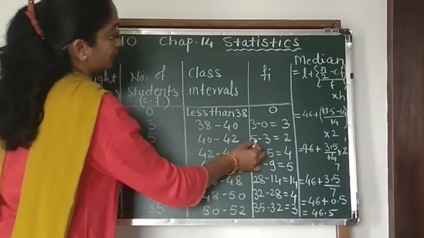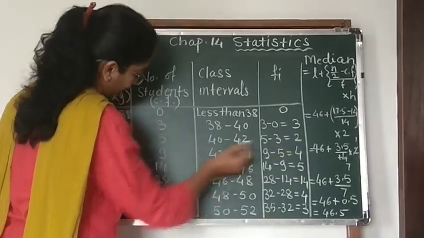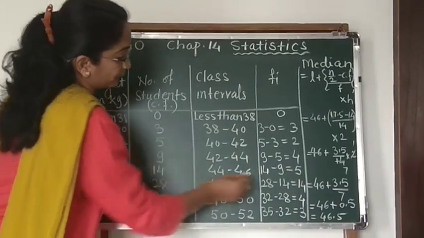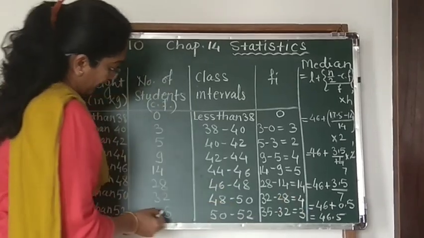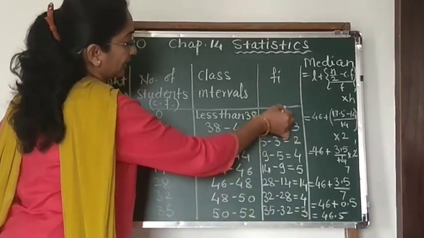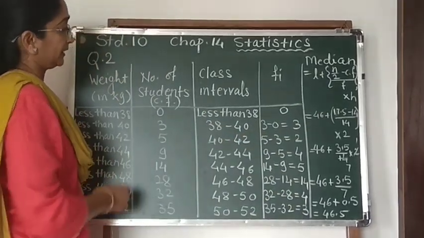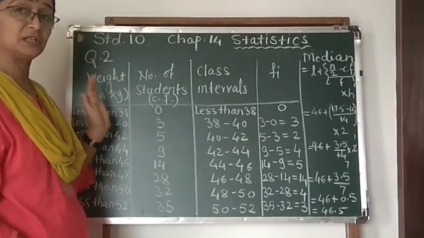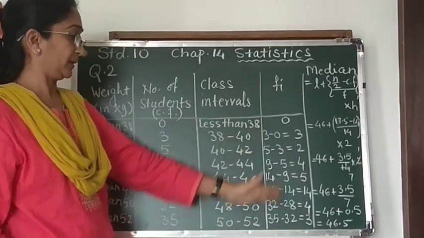So like this, 5 minus 3 is equal to 2, 9 minus 5 is equal to 4, 14 minus 9 is equal to 5, 28 minus 14 is 14, then 32 minus 28 is 4, and 35 minus 32 is equal to 3. These are the frequencies of these class intervals. Like this, we have converted the cumulative frequency distribution table to the continuous frequency distribution table.